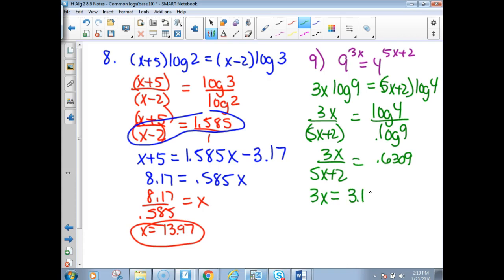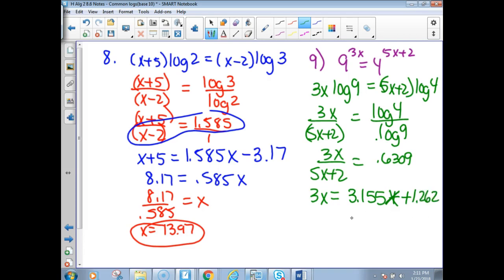3.15 and then 4? Okay. Or is it 5.5, I think? Okay, 5.5. And then plus, oh, that's got an x on it. Plus 2 times that would be 1.262. 1.262, right?